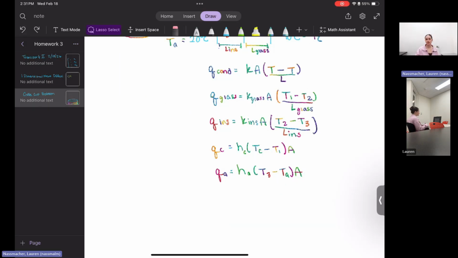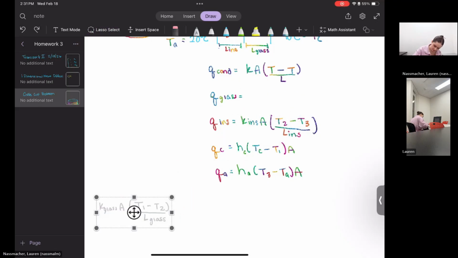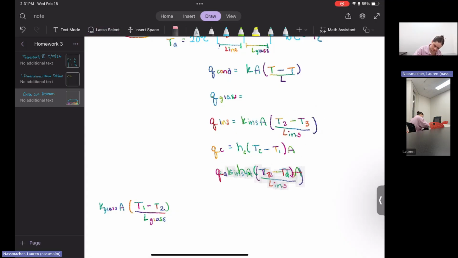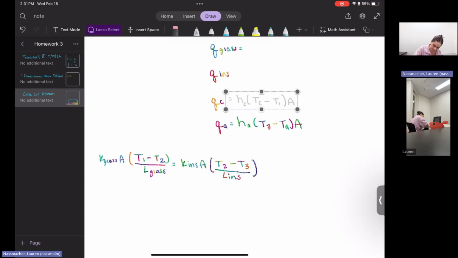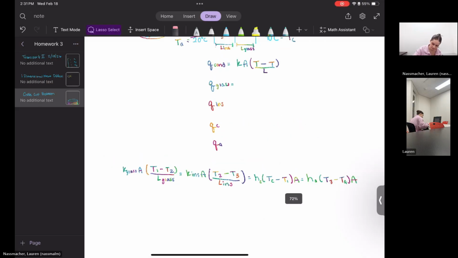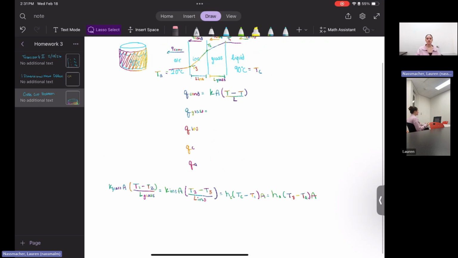So let's take each equation and set them equal to one another. We have our glass. We have our insulation. Our coffee. And finally, our air. And there's the equivalent equations.